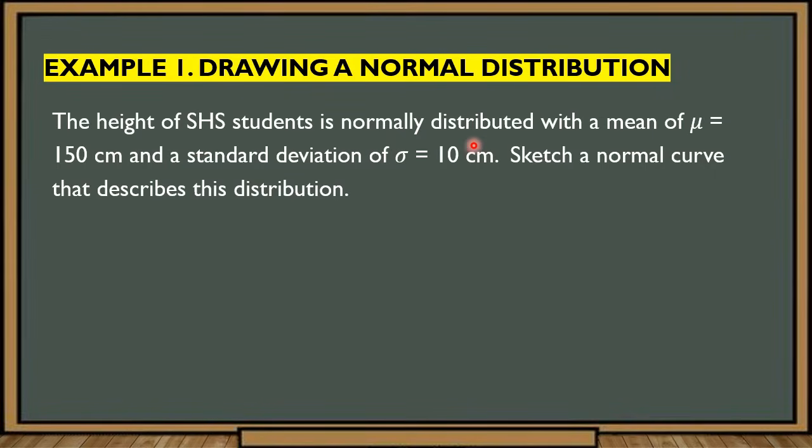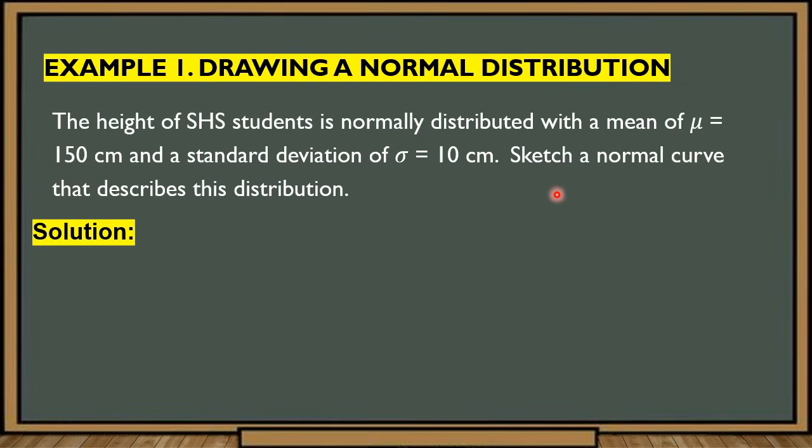The distribution is normally distributed, and we have a continuous random variable, the height. The mean is 150 centimeters and the standard deviation is 10 centimeters. So we are going to sketch a normal curve that describes this distribution.